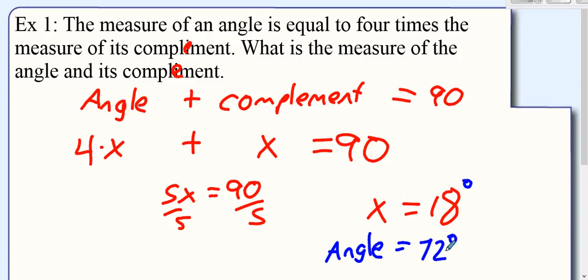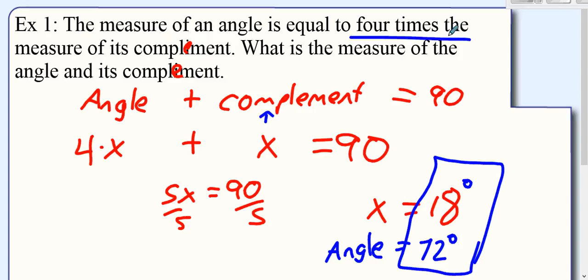So the angle is 72, its complement is 18. They have to add to be 90. And x was the complement. So 18 times 4 tells you the angle. Or you could have done 18 plus whatever equals 90 and solve it out.